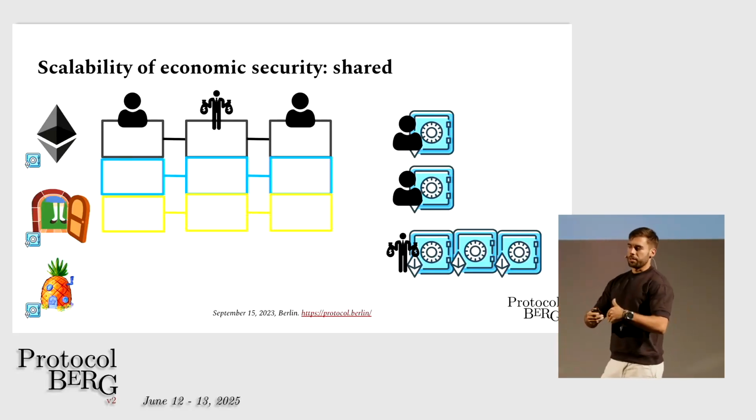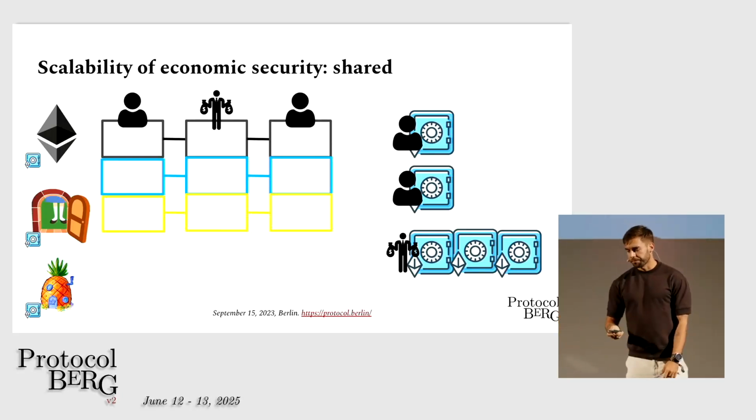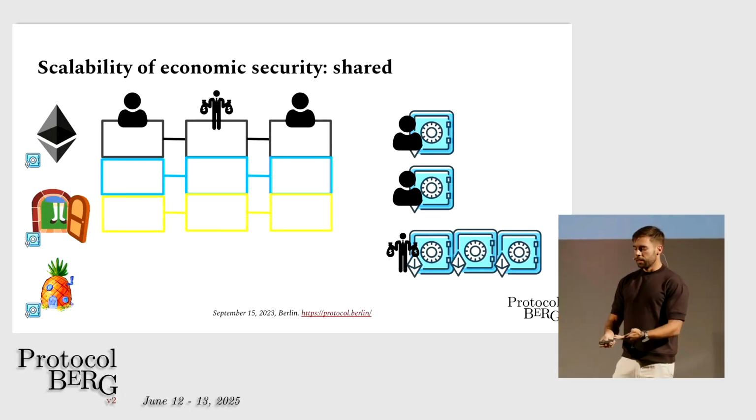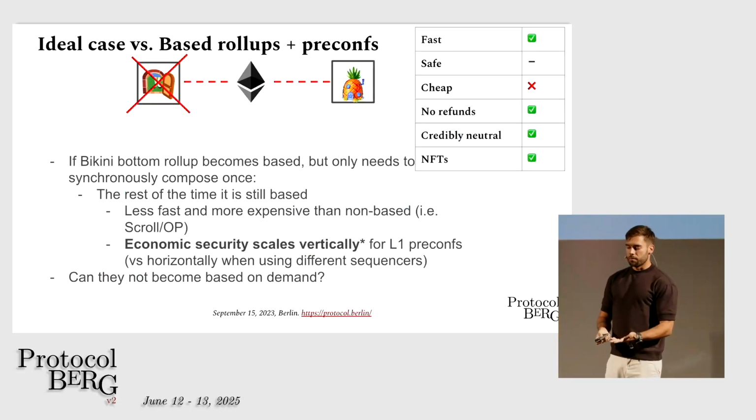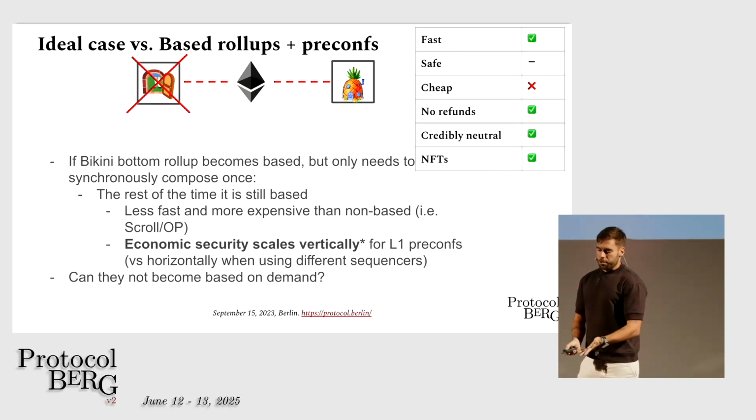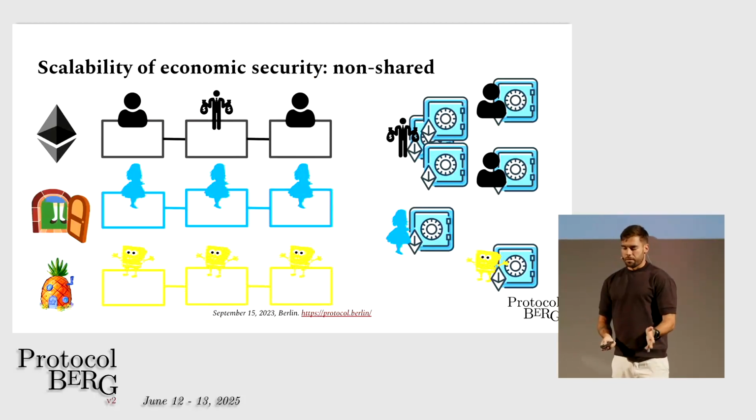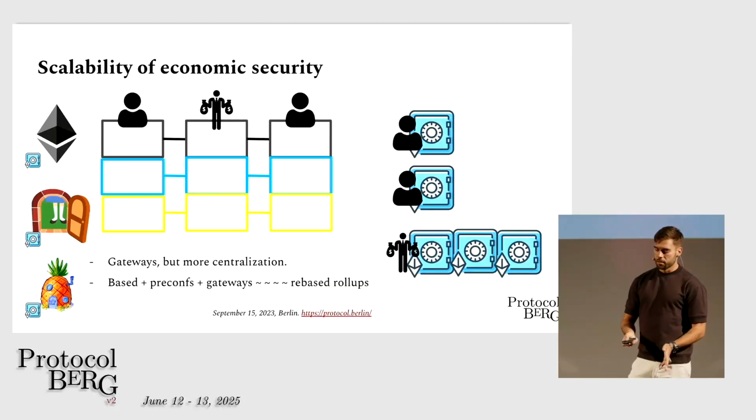Otherwise, the economic security dilutes over how many rollups the sequencer is sequencing at once. So there's some interest in not sharing the sequencer all the time, and not being based all the time. So the question is, can we just not be based on demand? And the answer is yes.